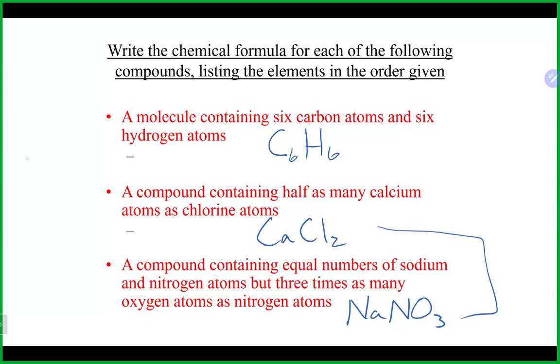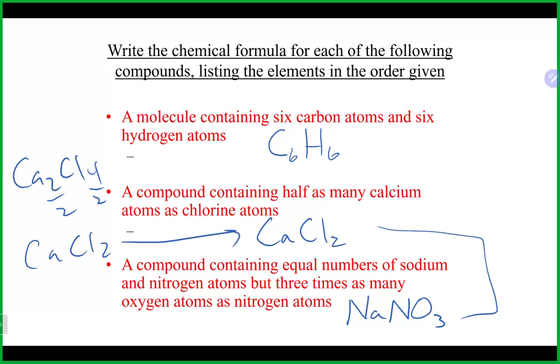For example, Ca2Cl4 is double the number of atoms, but you could reduce each of these down by 2, which gets us back to what we had there. So whenever you put a metal and non-metal together, you always want to put them in the simplest whole number ratio that will give you an overall charge of 0. Any questions on any of those?